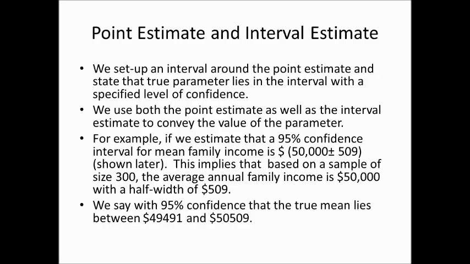Half width is also known as error of estimation. So we say with 95% confidence that the true average family income lies between $49,491 and $50,509. So we take this point estimate, add and subtract the half width.